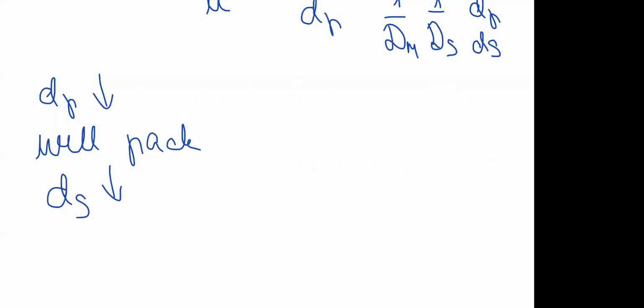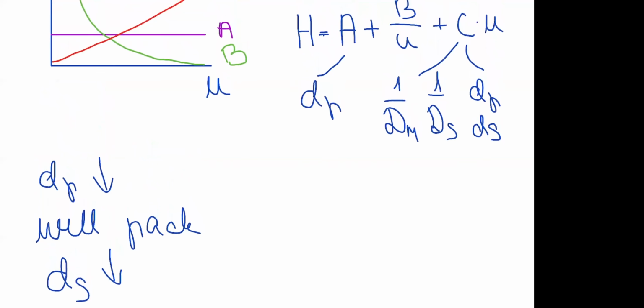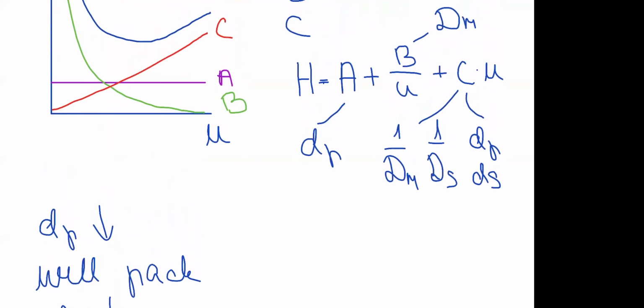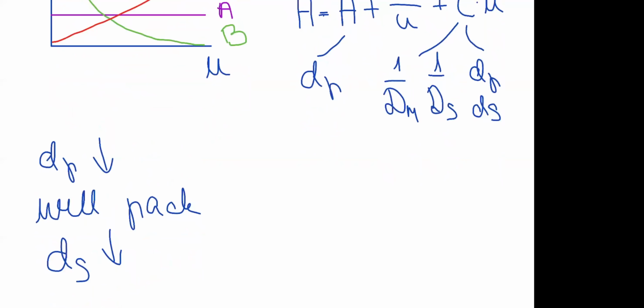So we don't want to have too viscous a mobile phase, but we also don't want to have too low viscosity mobile phase, because these both influence the longitudinal diffusion and the resistance to mass transfer. So generally, a good column is a small particle column that is well packed.